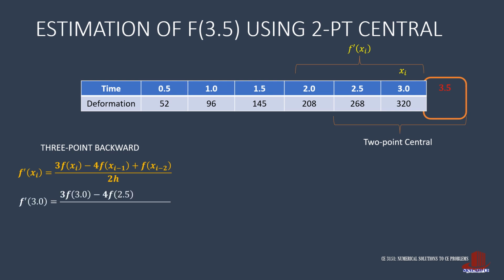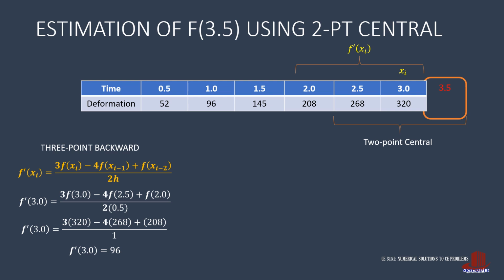The adaptation to the dataset makes it 3f of 3 minus 4f of 2.5 plus f of 2 upon twice of 0.5. This is then thrice of 320 minus 4 times of 268 plus 208 all upon 1, which gives f prime of 3 as 96.